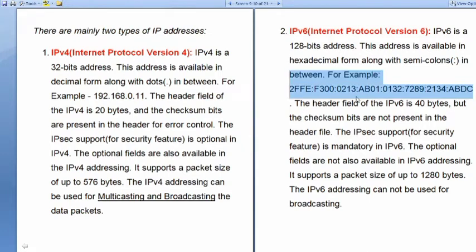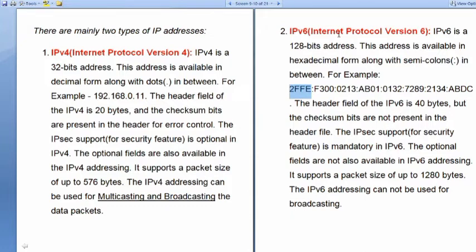Each group is separated by colon signs. Now these groups are of 16 bits. So how many bits? 16 into 8 groups, that is 128, right?